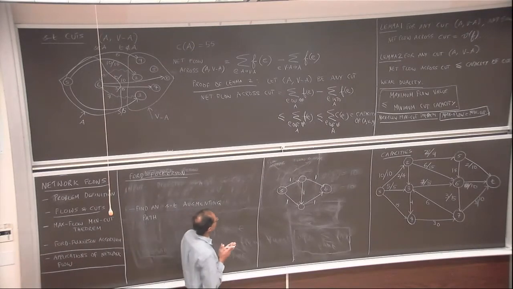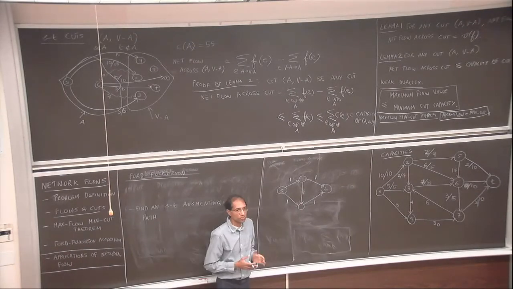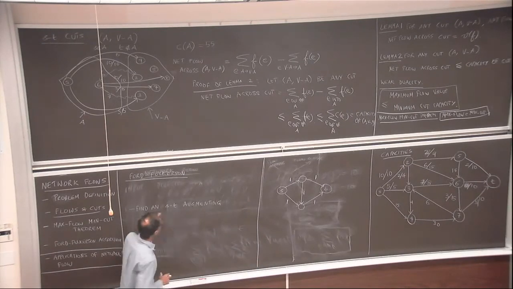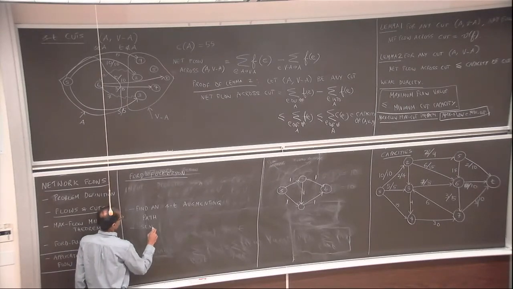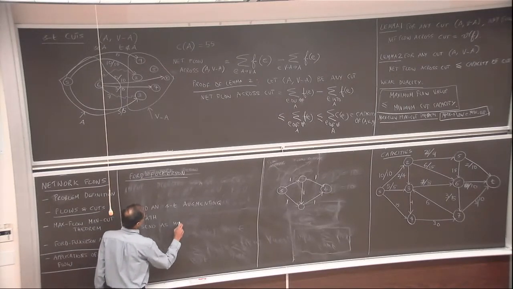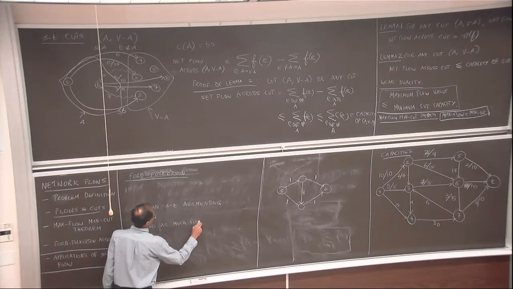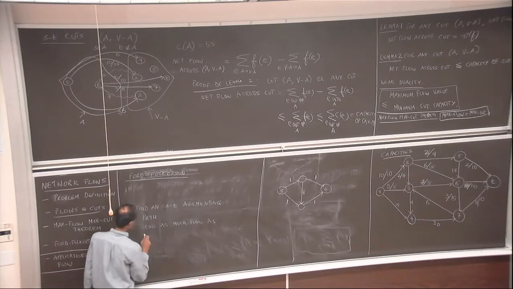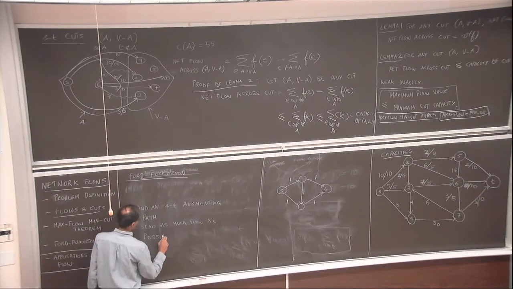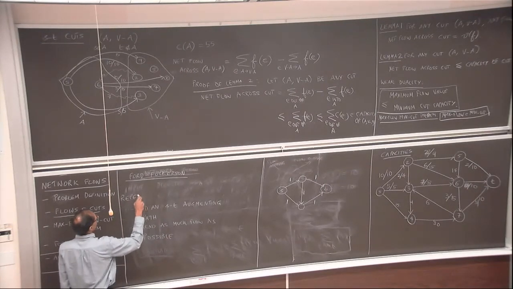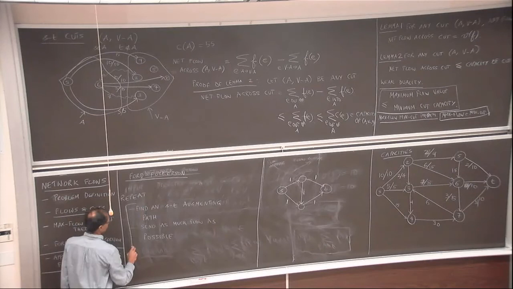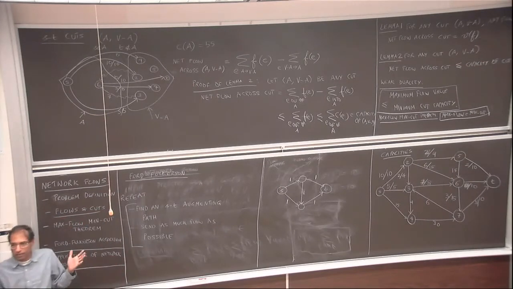I'm going to find any path from S to T and try to send as much flow as I can. Find an ST augmenting path, send as much flow as possible, and then repeat until I cannot send any more.